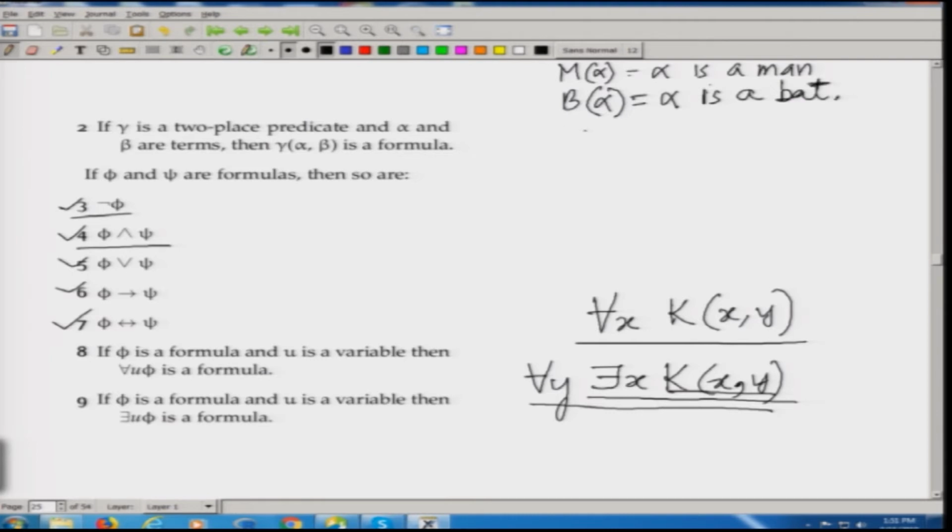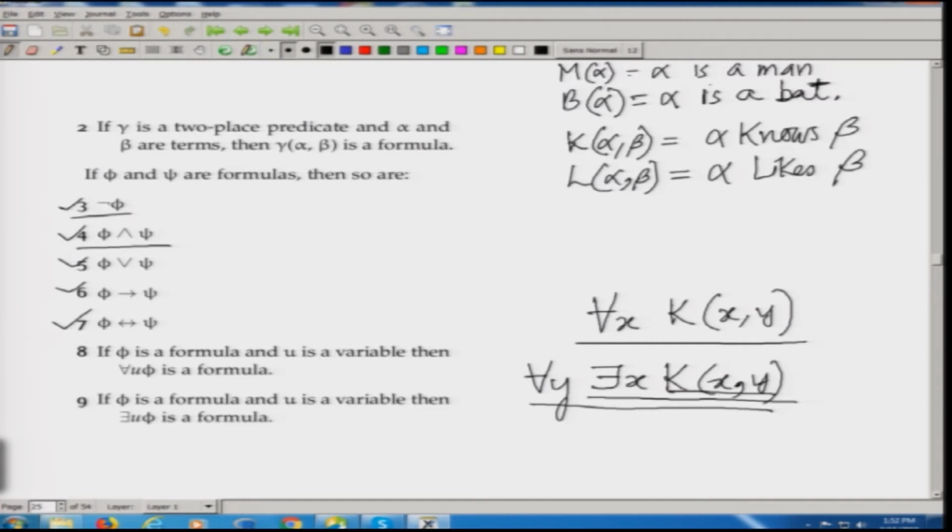And then intuitively K alpha beta means alpha knows beta, and L alpha beta may mean that alpha likes beta. Suppose this is how we interpret. If we do it, then we can translate a few things.